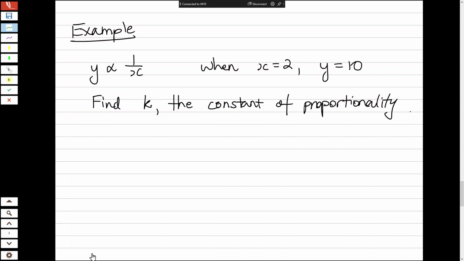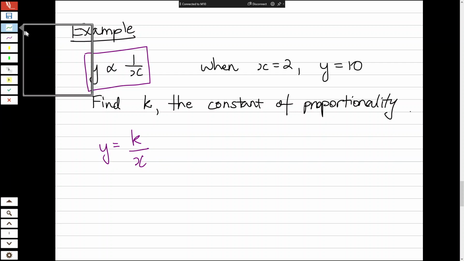Have a look at the question. I've given you two pieces of information. The first piece of information is y equals k over x. That's our first piece of information.